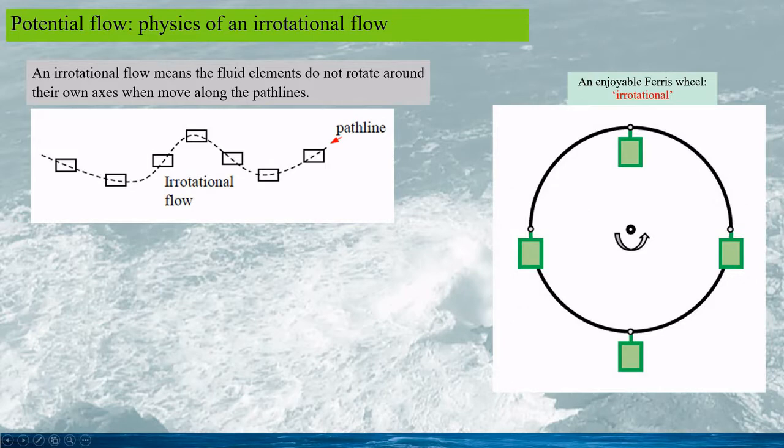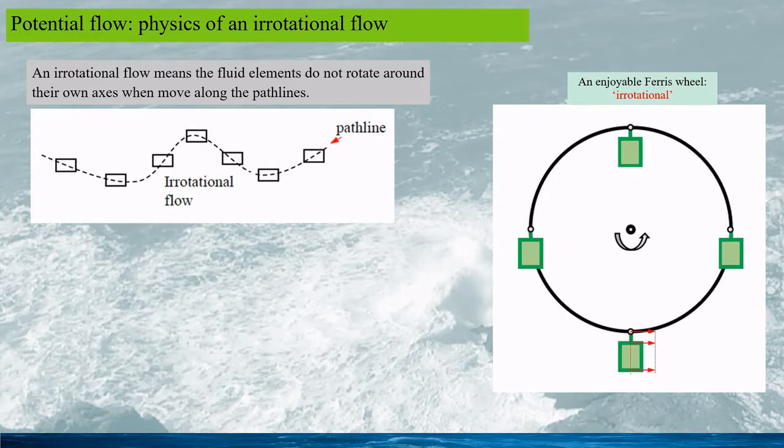This is similar to the famous Ferris wheel, on which the capsules are hinged to the large rotating wheel. When the wheel rotates, the capsules keep their upright position all the time, and the passengers in the capsules could not feel any rotation.